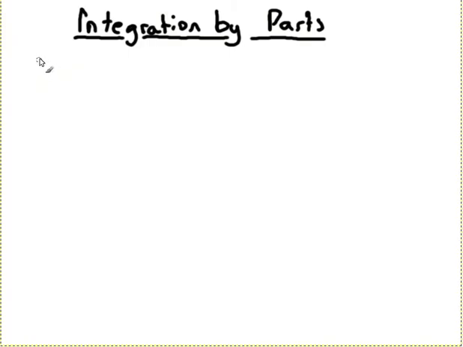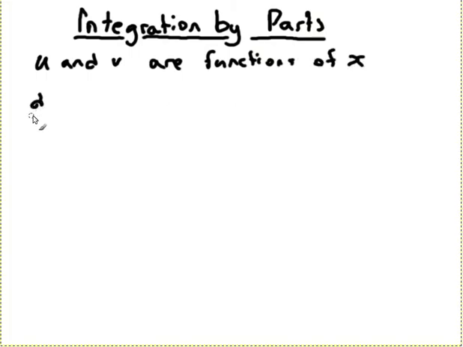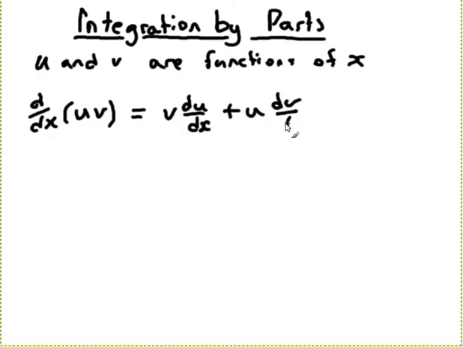If we've got u and v, which are functions of x, then the product rule states that to differentiate u times v, we need to do v du by dx plus u dv by dx. Hopefully that won't come as too much of a surprise. That is just the product rule for differentiation.